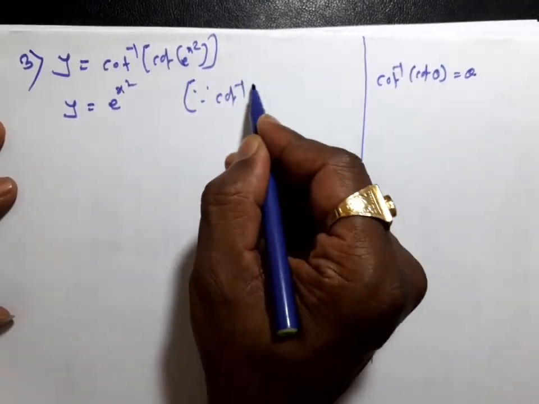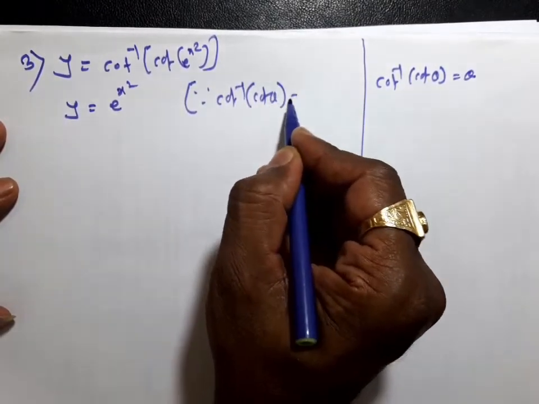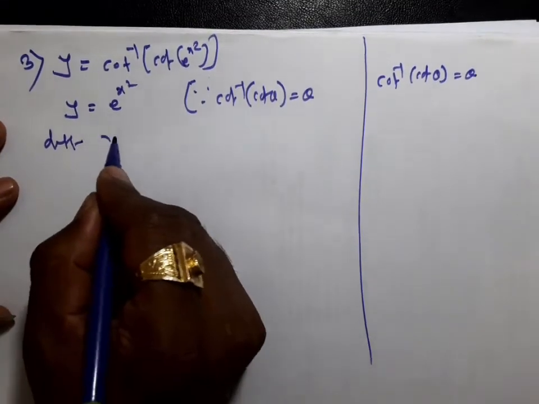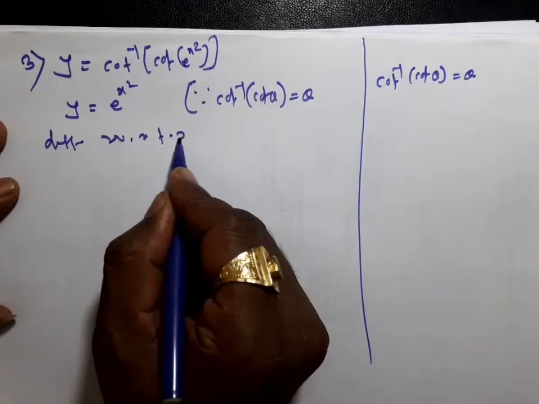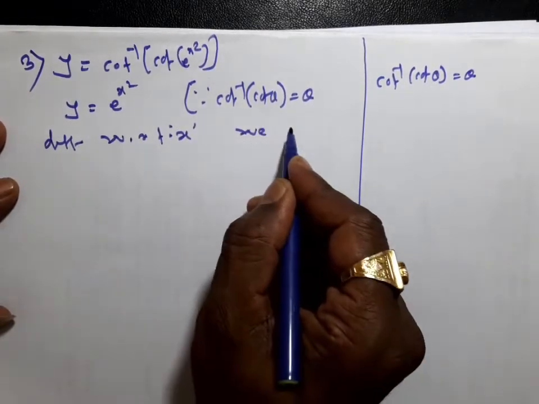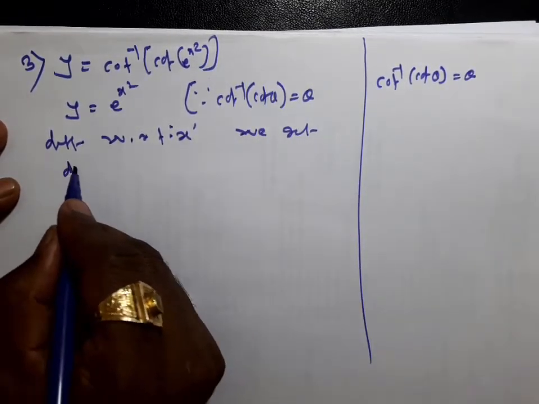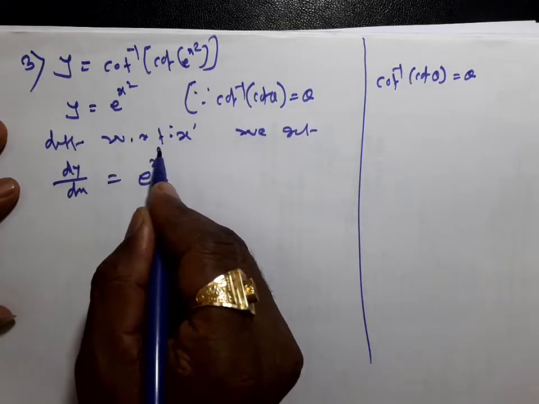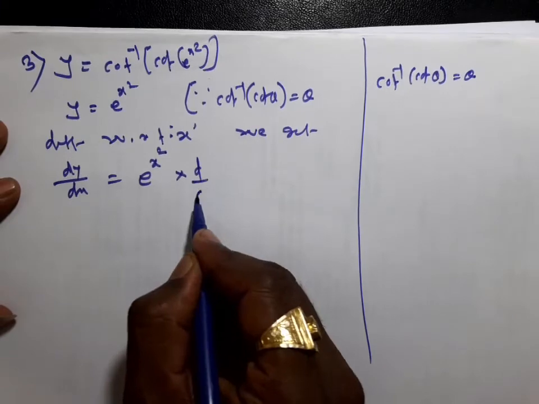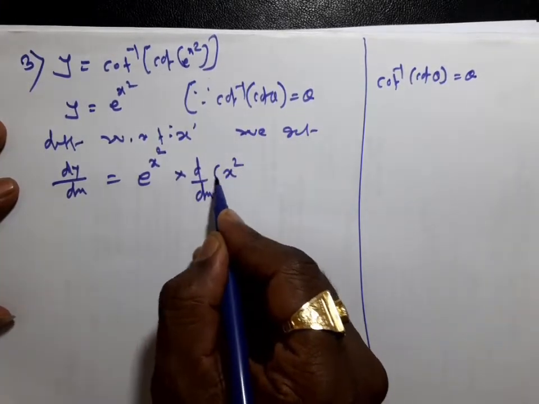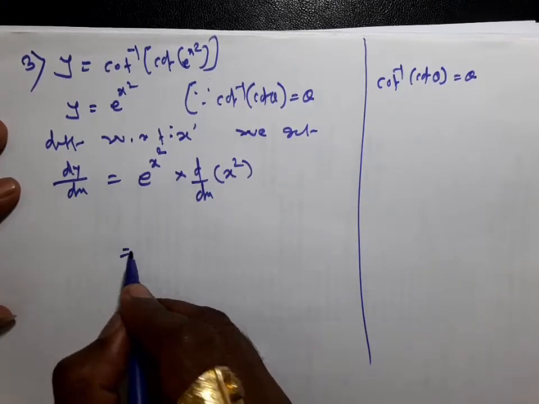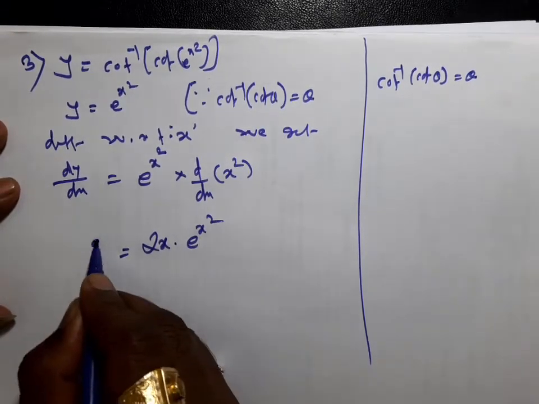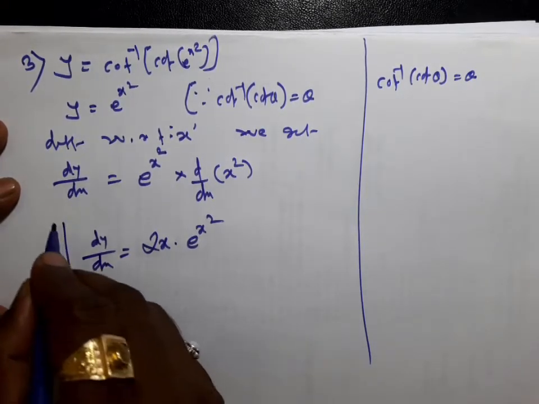Differentiating with respect to x, we get dy by dx, the derivative of e raised to x square is e raised to x square into the derivative of x square by chain rule, and this is finally 2x into e raised to x square, which is the required derivative.